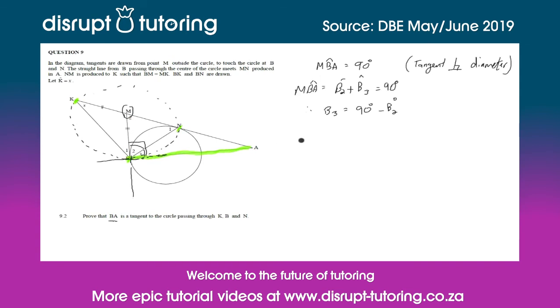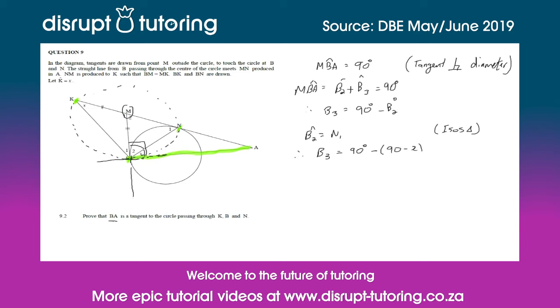So we can then state that B2 equals N1, and the reason is isosceles triangle. So therefore we know that B3 equals 90 degrees minus (90 minus X).